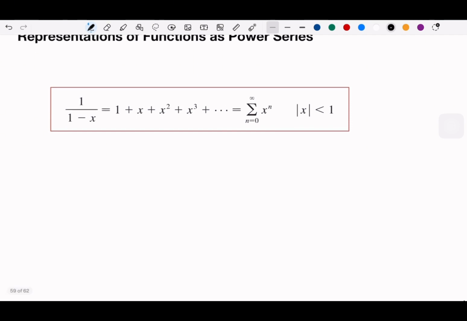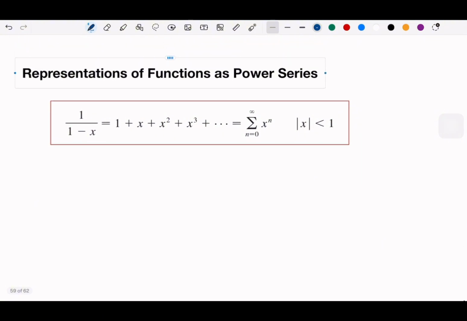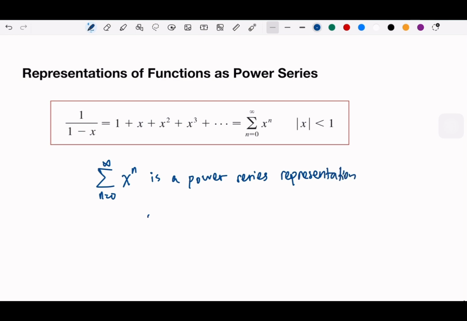So we say that the series is a power series function 1 over 1 minus x.